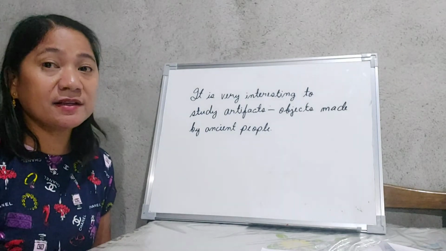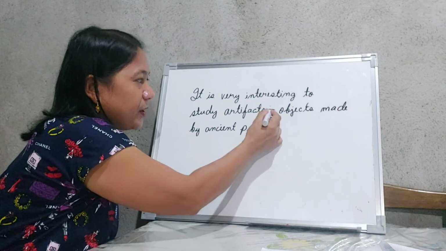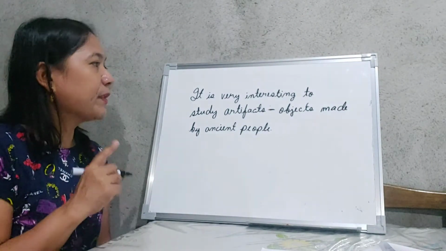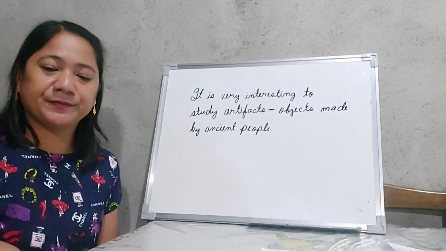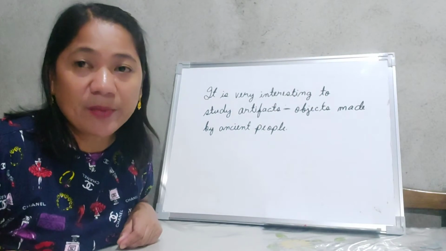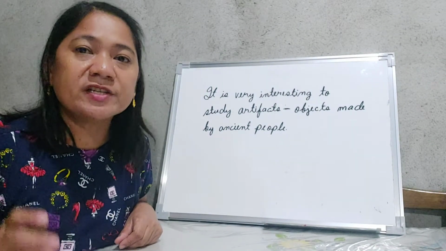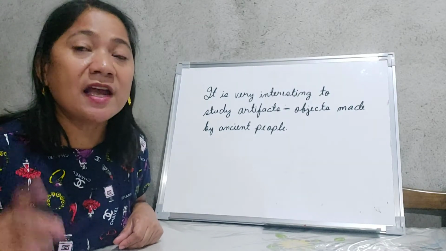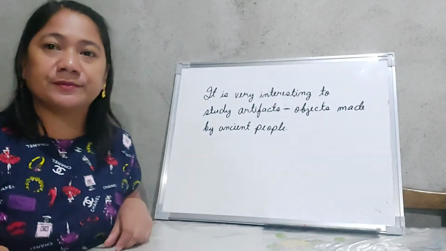Since we have the signal punctuation dash, we conclude that the meaning of artifacts is objects made by ancient people. Just always remember that in the definition clue, the writers and the authors have already given the meaning of a difficult word in a sentence. Just notice the punctuations or words that are used.